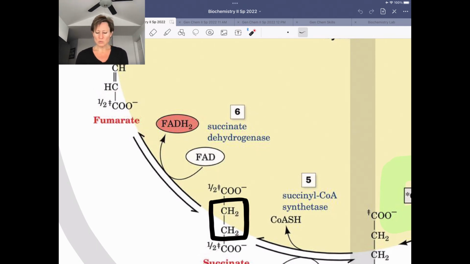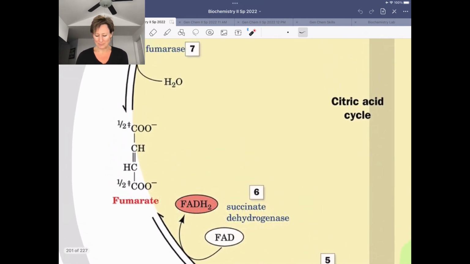We'll talk about this once we get there, but just to give you a highlight and a preview, succinate dehydrogenase is actually one of the enzymes in the electron transport chain. If you've studied the electron transport chain before, you know that there's complexes 1, 2, 3, and 4. This is actually complex 2 of the electron transport chain. So saying it here so that when we say it again later, hopefully it refreshes your memory.